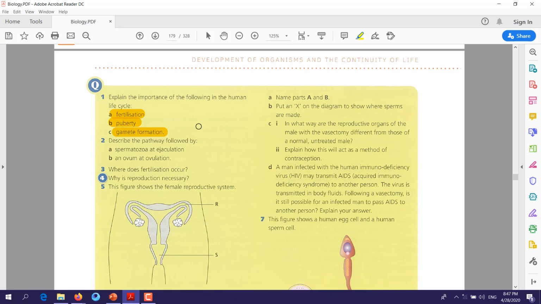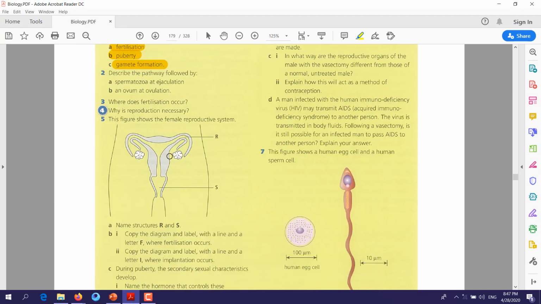Question number 2 says: describe the pathway followed by spermatozoa at ejaculation. How do the sperms form? Firstly, the sperms are produced from the testes.